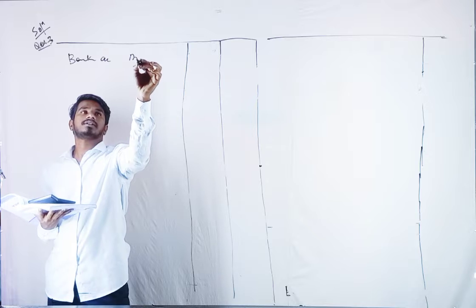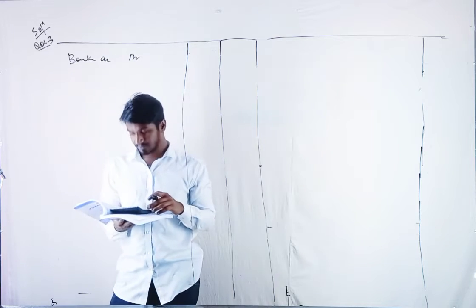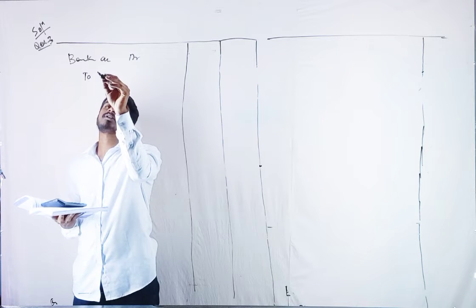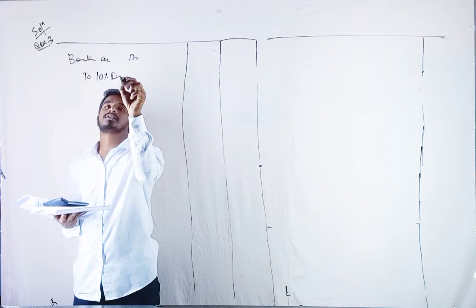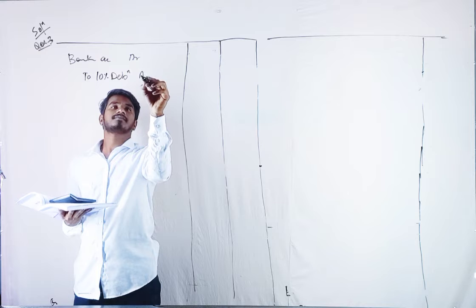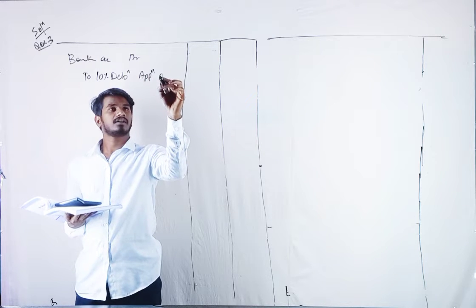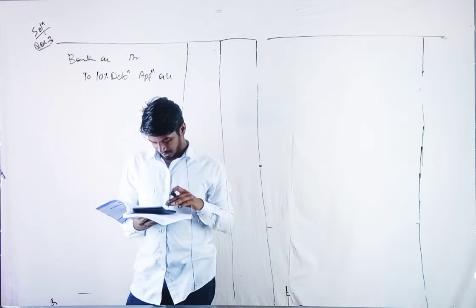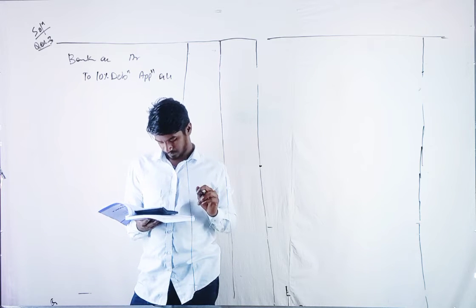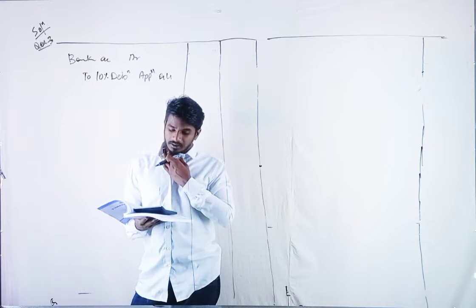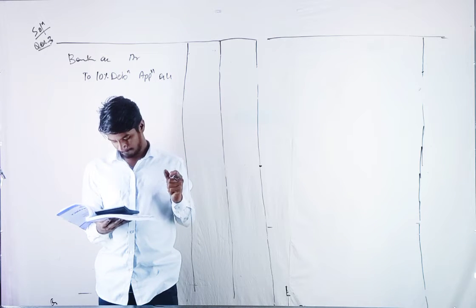The first entry is always bank account debit. On application, how much we have received depends on the percentage. 10% debenture application, 50 rupees, and 2,000 debentures they have issued, 1 lakh rupees.